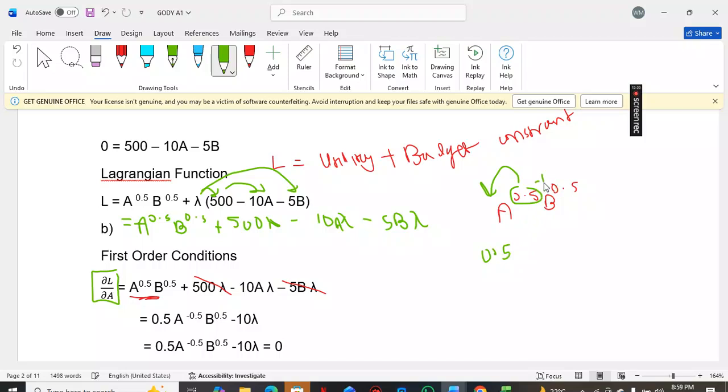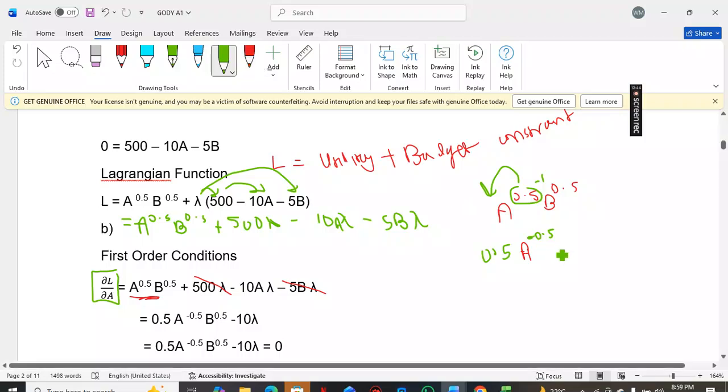Subtract 1 from this 0.5, you remain with a to the power negative 0.5, then b to the power 0.5.